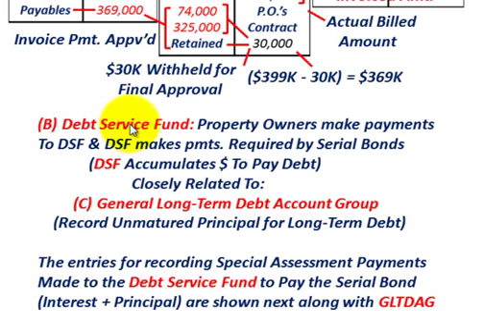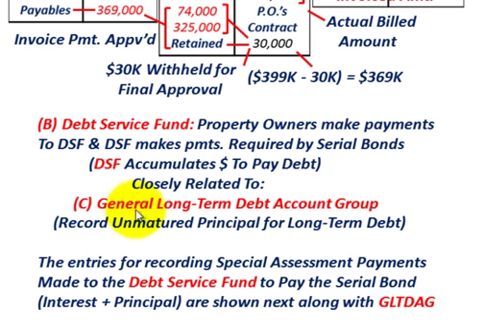Now we're going to be looking at the debt service fund, where these property owners are going to make payments to the debt service fund, and in turn the debt service fund is going to make payments that are required for their serial bonds, or to the holders of their serial bonds. Now remember, the debt service fund is going to accumulate the dollars to pay debt. We're also going to pay debt out of it, and it's going to be closely related to the general long-term debt account group.